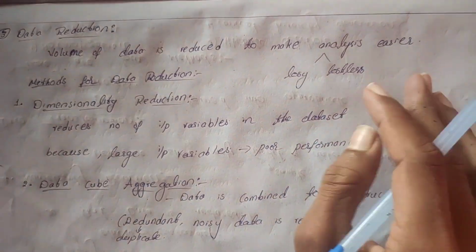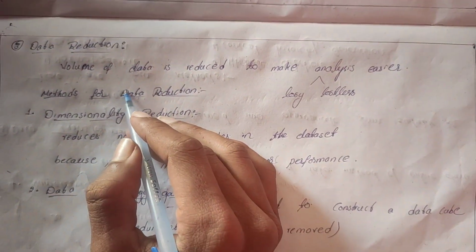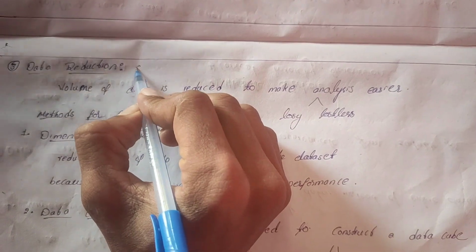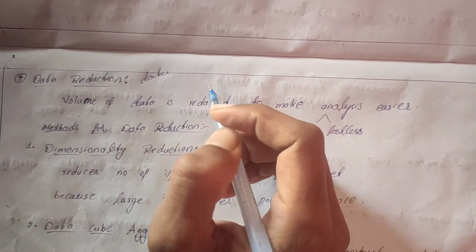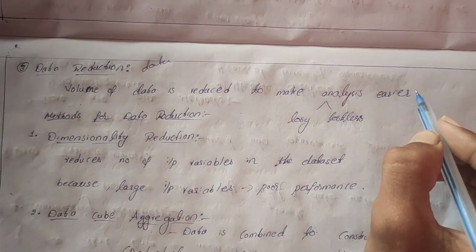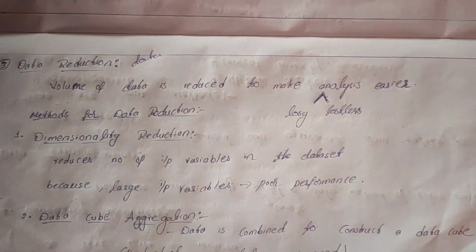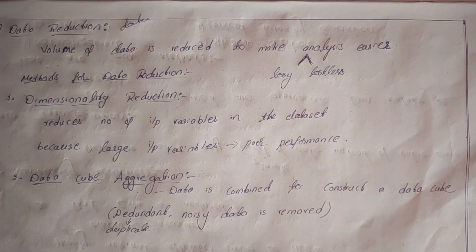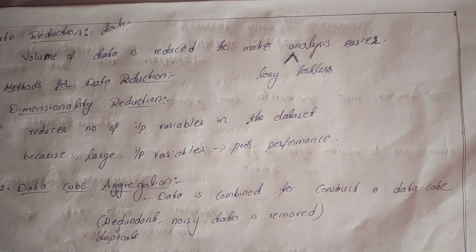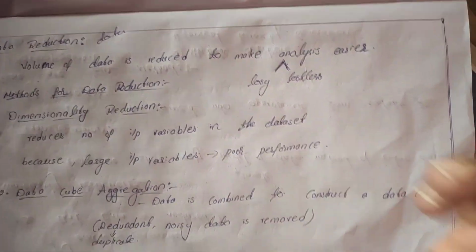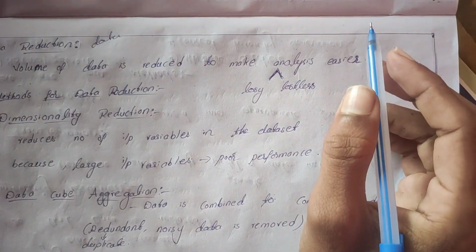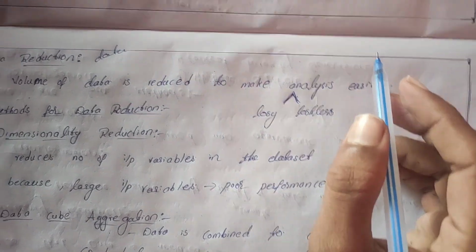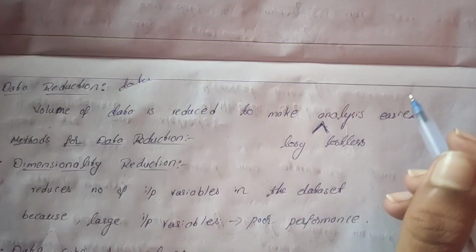Next we will discuss data reduction. Data reduction means the volume of the data will be reduced to make analysis easier, so that there will be more performance compared to poor performance.